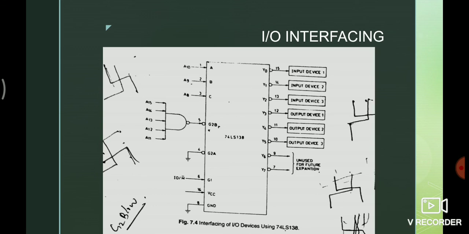And the address lines A11 to A15 are applied to G2B through an AND gate. G2B becomes low only when all address lines A11 to A15 are high. G2A is grounded, and IO/M bar is connected to G1. The outputs Y0 to Y7 are connected to the different input and output devices.